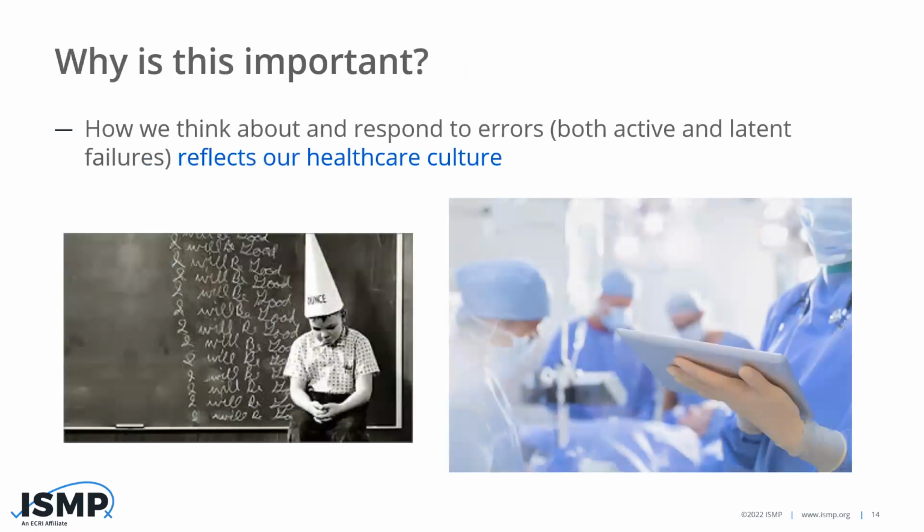So why are these two things important? Well, it's important to understand these two broad tenets of why errors occur, because that will dictate how you respond to the person involved in the case to begin with, right? That includes both the active and latent failures involved in this case. And really, that's a reflection of the culture where you work.